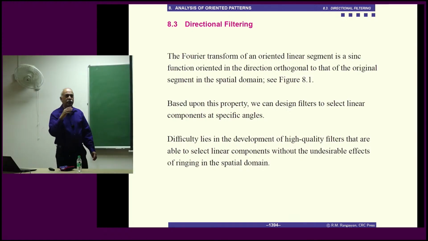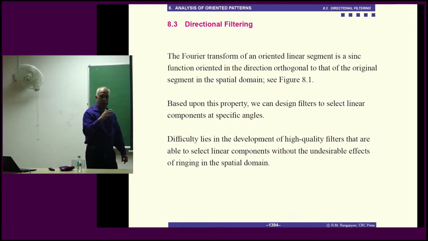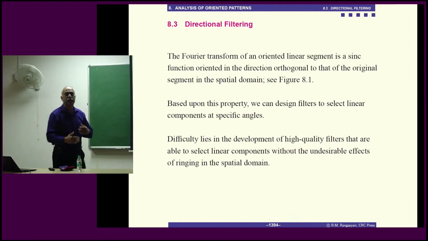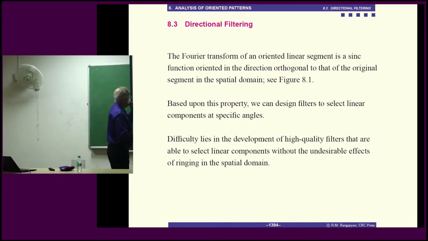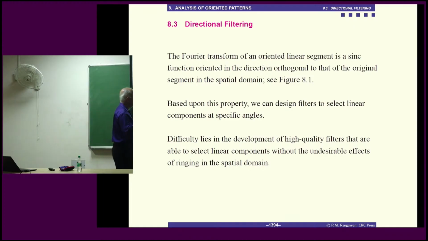So the magnitude spectrum will remove the effect of displacement, and all straight lines of the same orientation will have energy in the same angle band. If the angle changes, the orientation in the frequency domain changes. So we can select linear component specific angles by putting a filter extracting Fourier domain components in a particular angle band.